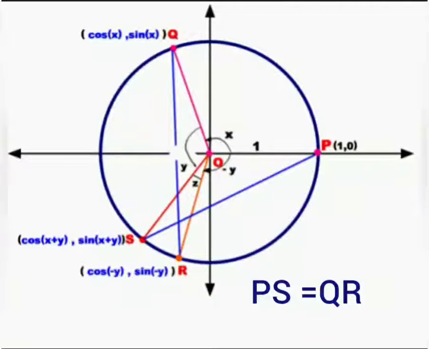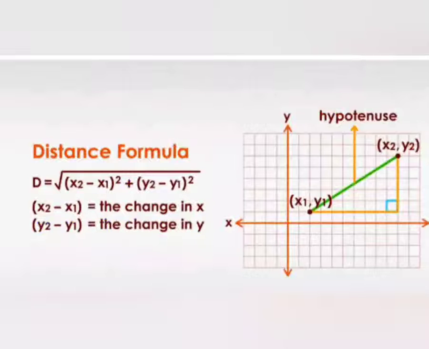Now we can find PS and QR using distance formula. From distance formula, distance is equal to under root of difference of x coordinate square plus difference of y coordinate square.